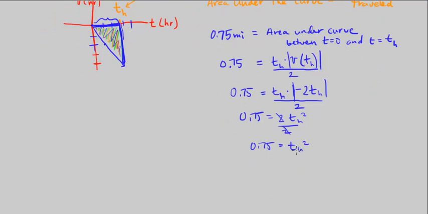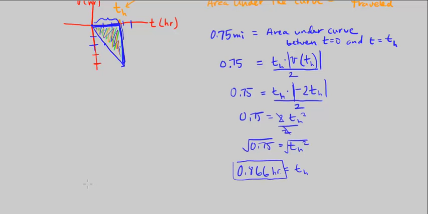To find his time when he gets home, we square root both sides and plug that into our calculator. The square root of 0.75 is 0.866025438, so I'll round it to 0.866 is equal to T sub H. And we know that the units of this is in hours, right?